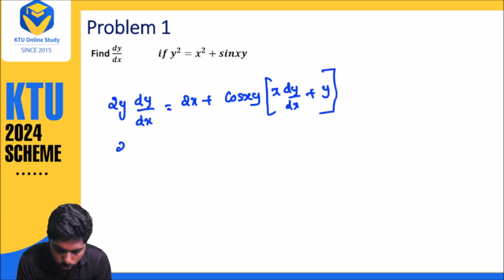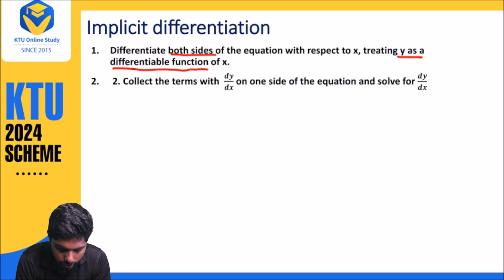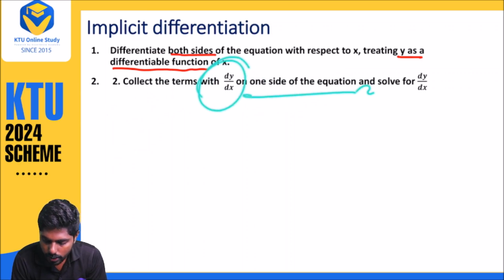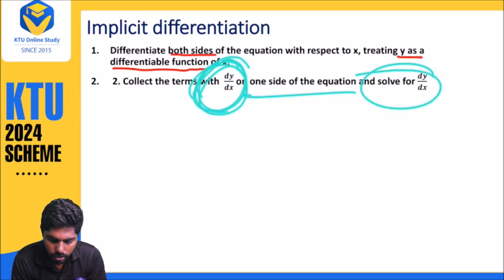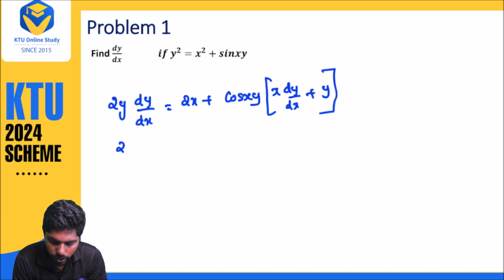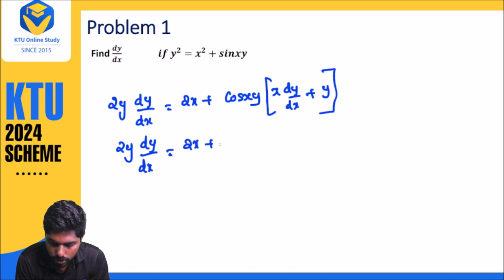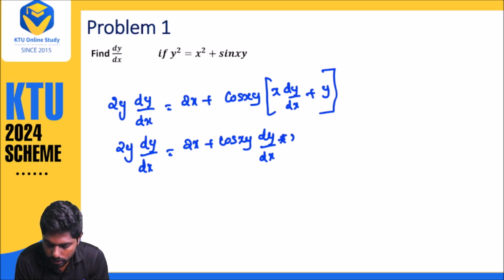Now what is the second condition they have given? Collect dy by dx on one side and solve it. We have 2y dy by dx is equal to 2x plus cos xy times x dy by dx plus y cos xy.